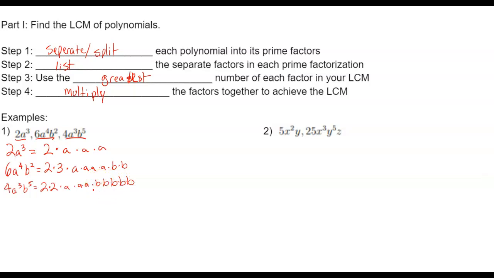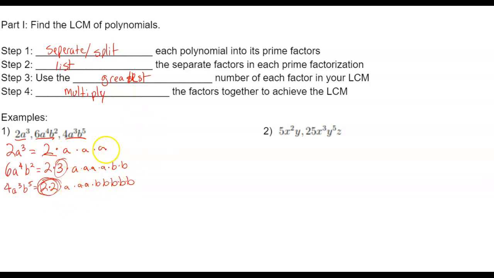And now I'm going to use the greatest number of each factor. So I'm going to look at 2's. What is the biggest number of 2's that I have? Well, I have 2 down here, so that is my biggest factor right there. What is the biggest number of 3's that I have? Well, just 1. And then what is the biggest number of a's?